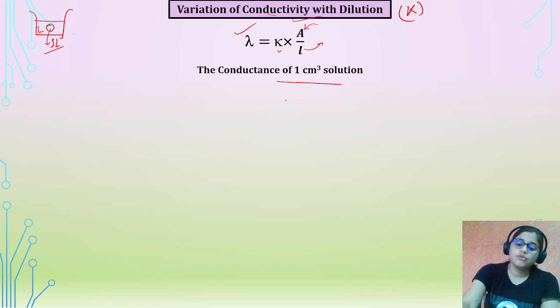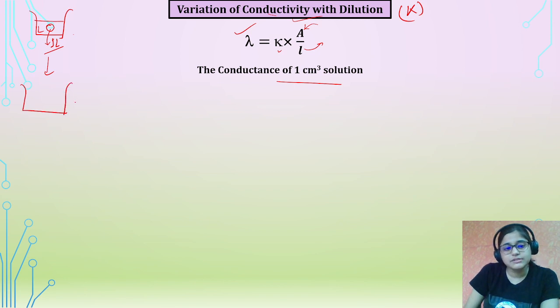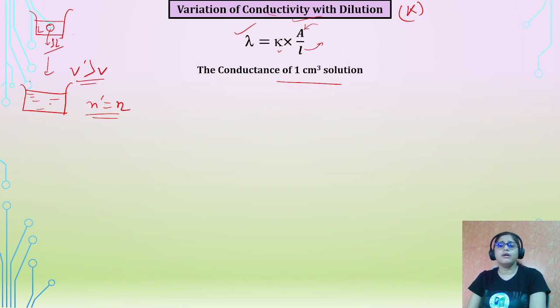Fine. So now when we dilute any solution, what will happen after dilution? Let's understand. Volume will obviously increase, V dash will be greater than V. But the number of moles is the same, right? n dash will be equal to n, because we are not adding molecules or ions.